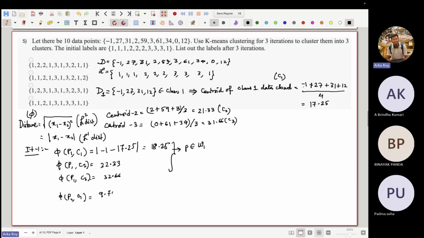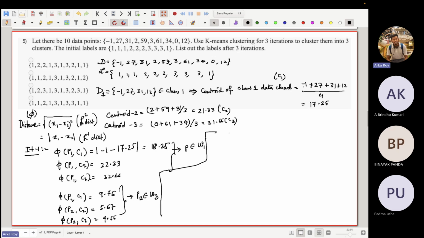So 9.75 for phi P2 C1, then phi P2 C2 is 5.67, then phi P2 C3 is 4.66. So from this, you can understand that P2 basically belongs to omega 3.